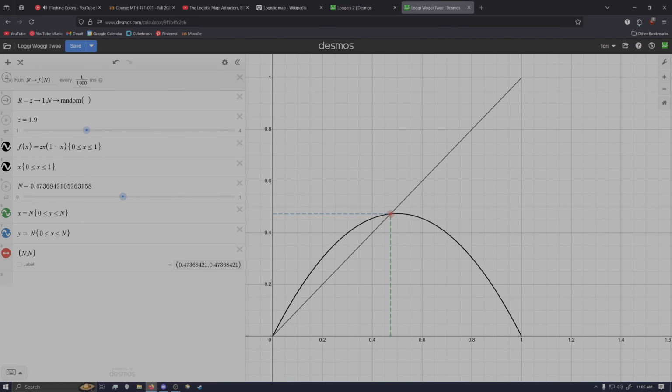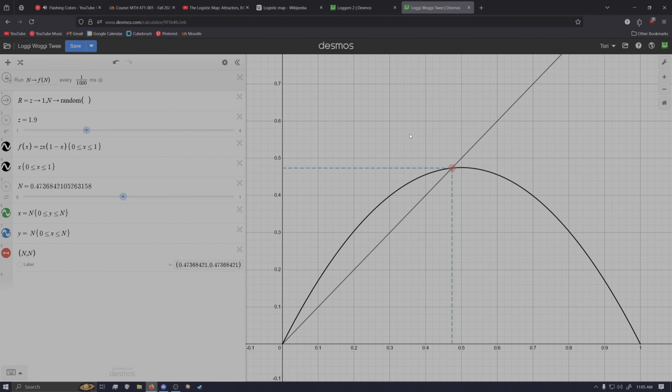So in order to do this, you would need to iterate a value and then make your new value the function of your previous value. As you can see, the function is just r x times open parentheses 1 minus x.